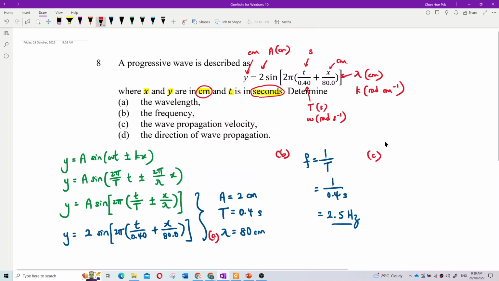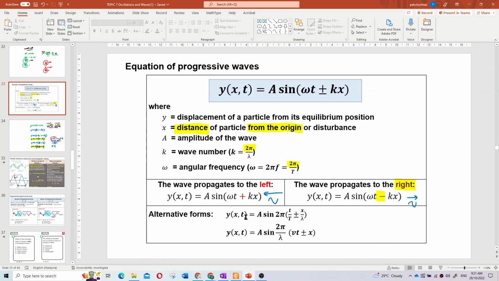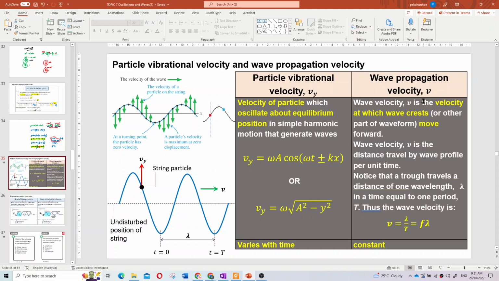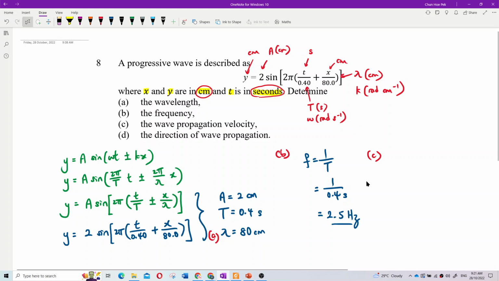Question C, wave propagation velocity. The velocity of the wave is v equals f lambda, or lambda over period, which is a constant value. Class, remember this? Yes, sir. So v equals f lambda. Frequency is 2.5 hertz.